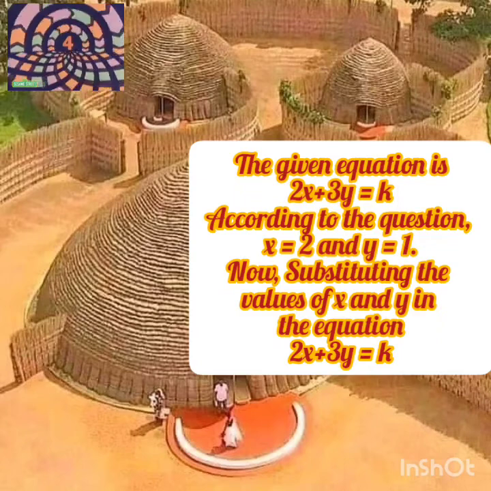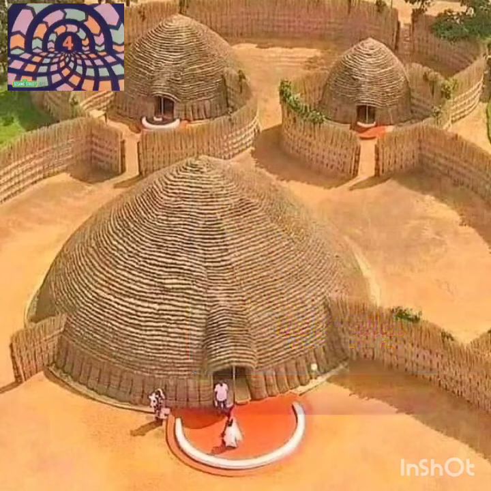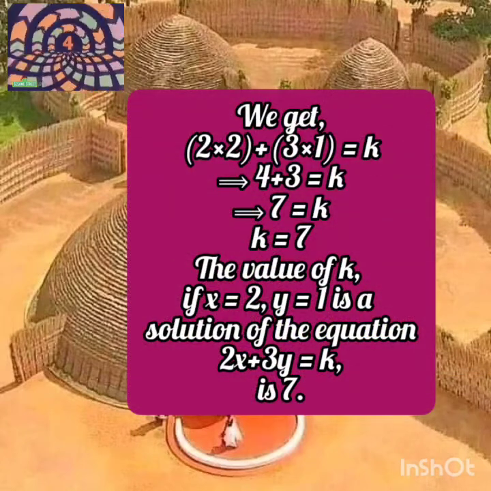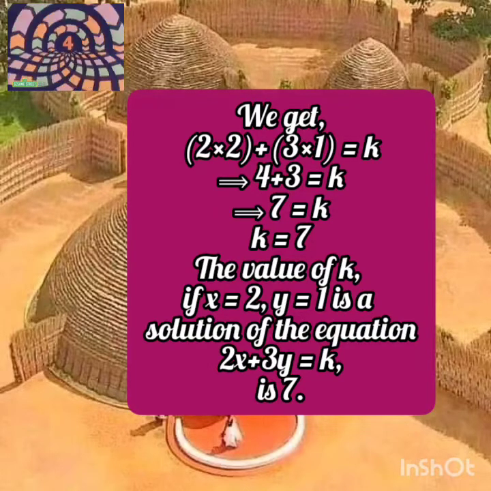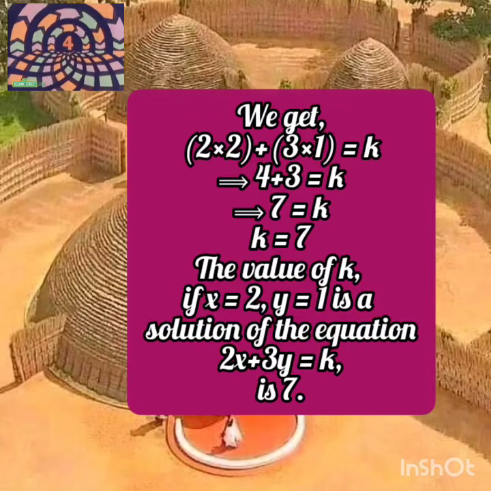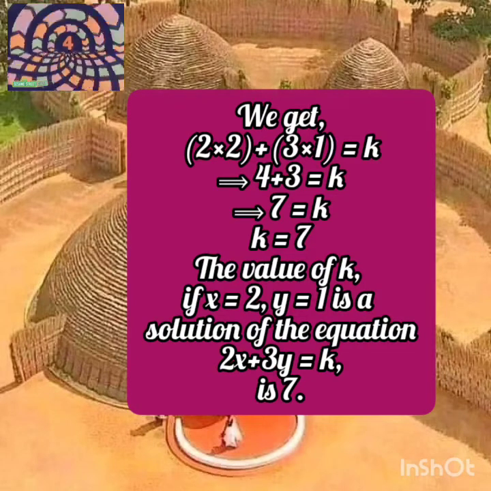So what do we have? 2 into 2 plus 3 into 1, that is equal to k. 2 twos are 4 plus 3, that is 7 on the left side. So the value of k is 7. So dear student, the value of k is 7 for x equal to 2 and y equal to 1. Clear?